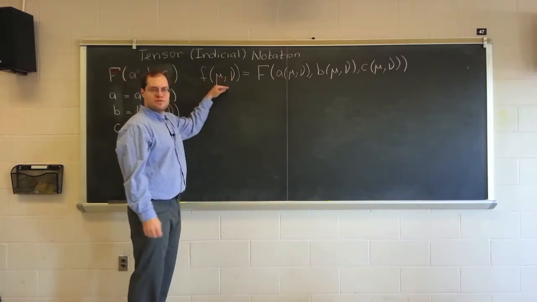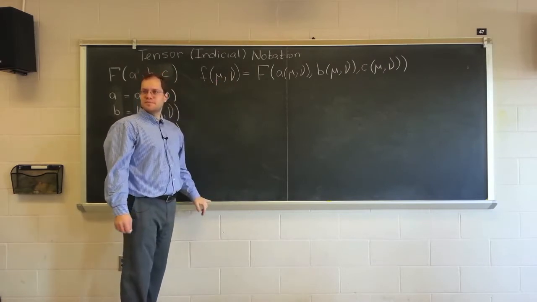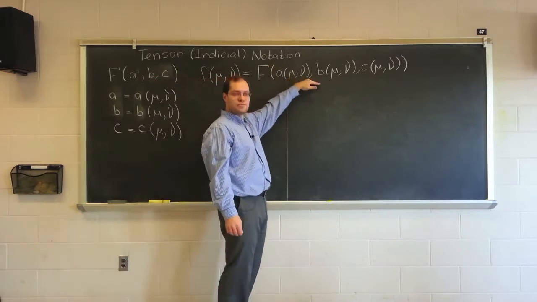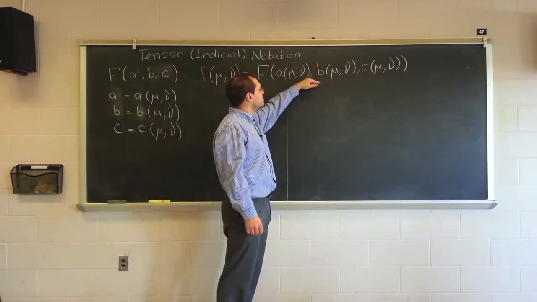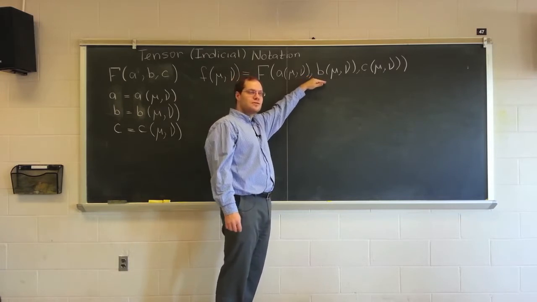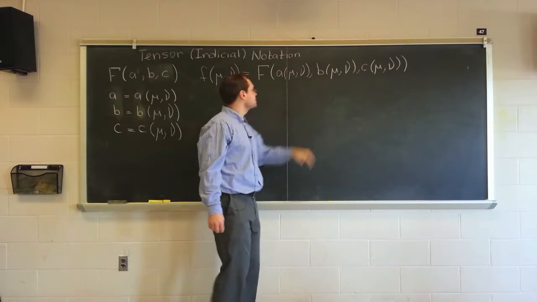And we're now going to evaluate the partial derivative of f with respect to mu. And we'll of course use the chain rule on the right hand side. When you use the chain rule is where the Einstein notation really invites itself and is perfect for expressing.